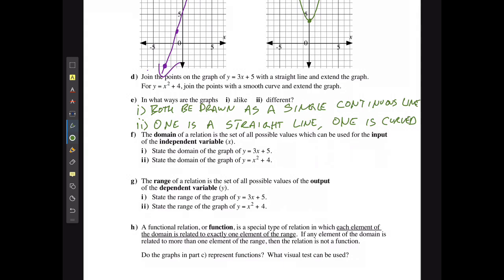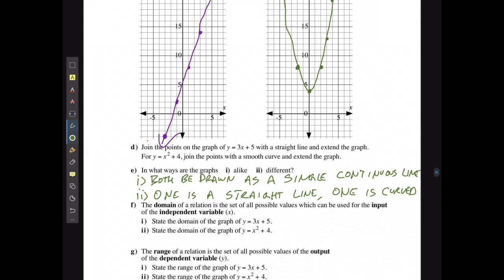So if I'm stating the domain for y is equal to 3x plus 5, I can see that it covers every point along this graph, and then it would keep going to the left, and it would keep going to the right, which means as far as I can see, there are no limitations on what x can be. So I would say in this case that the domain represented by x is every real number.